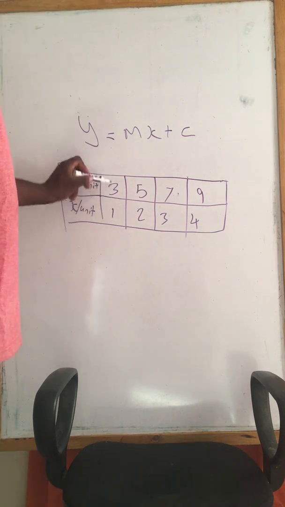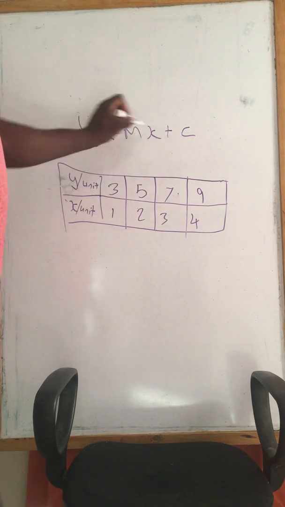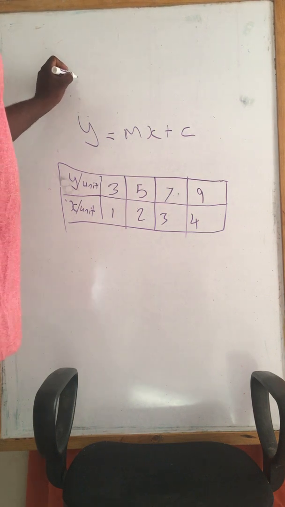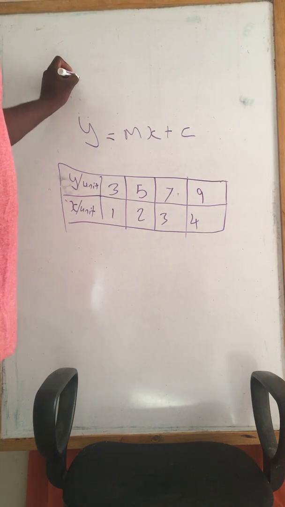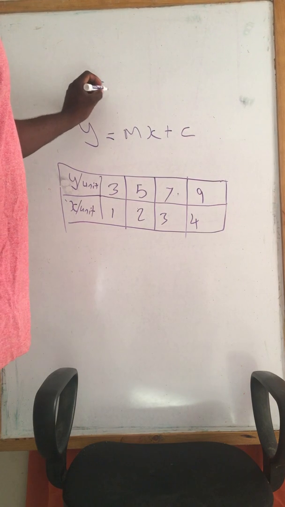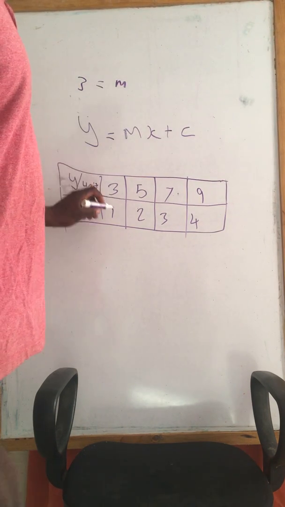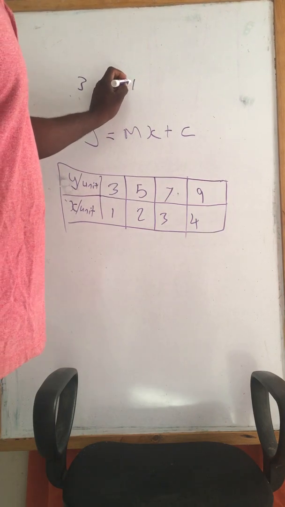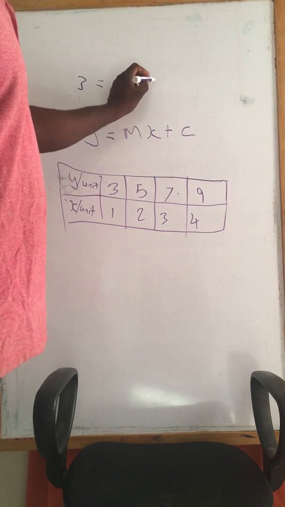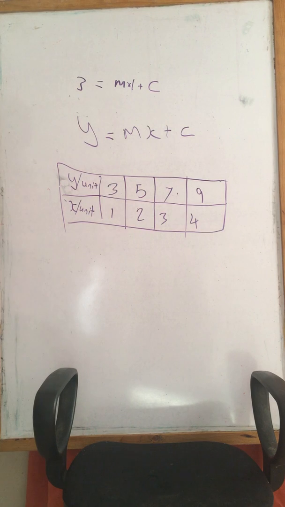Now, let us just take this one here and put it in this equation here. So we say, for y is equal to 3, 3 is equal to m times 1 plus c.